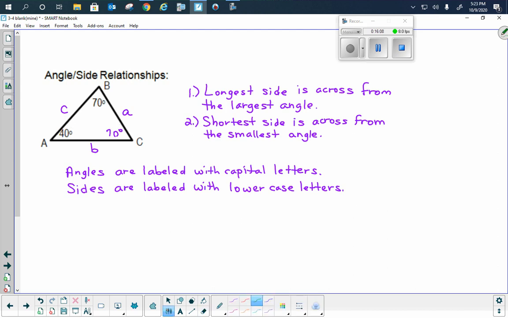Once again, what if I asked you, what's the largest side? You should be telling me the largest side is across from the largest angle. I have two of them that are the largest, so I know the sides across from them, lowercase side b, is going to equal lowercase side c.